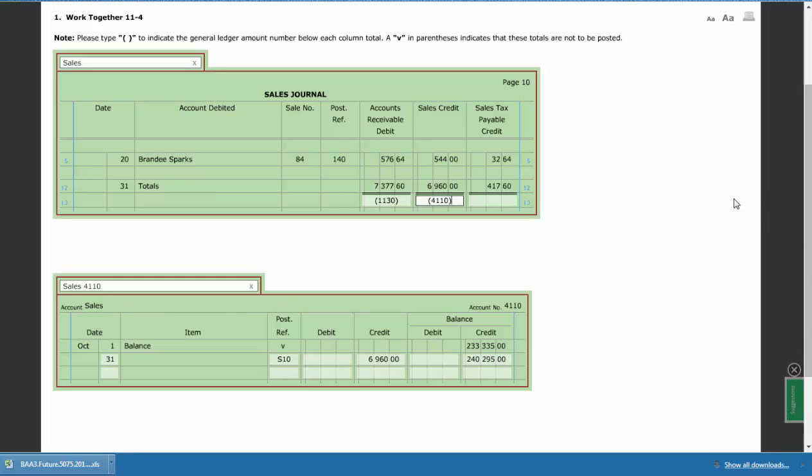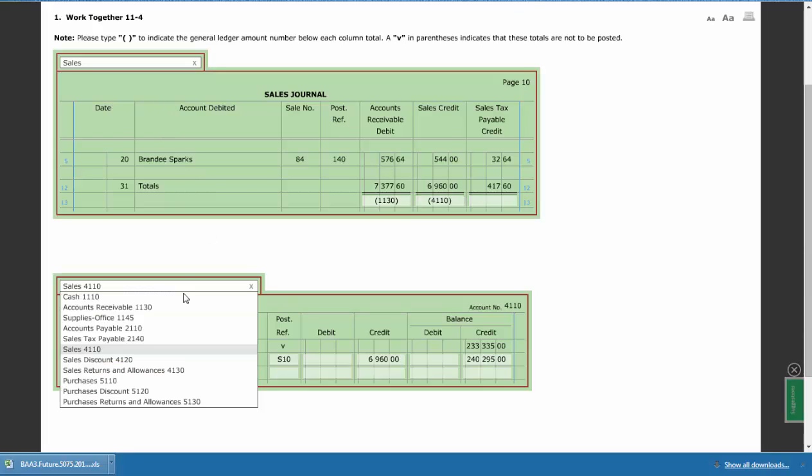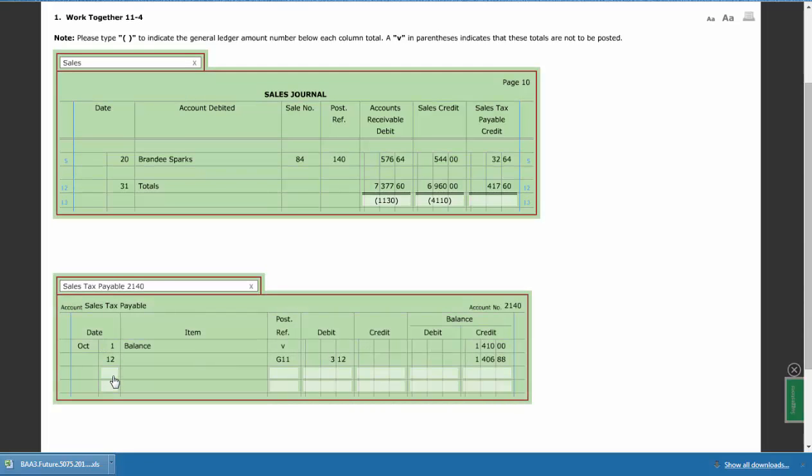The last column I do in my sales journal is going to be my sales tax payable column. So I open up my sales tax payable column, and sales tax payable is a liability. Liabilities have a credit normal balance. So the day is the 31st, and I'm crediting sales tax payable $417.60.